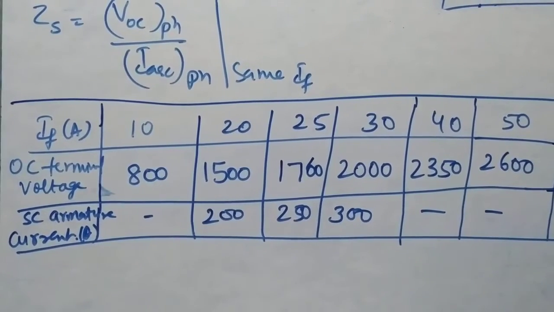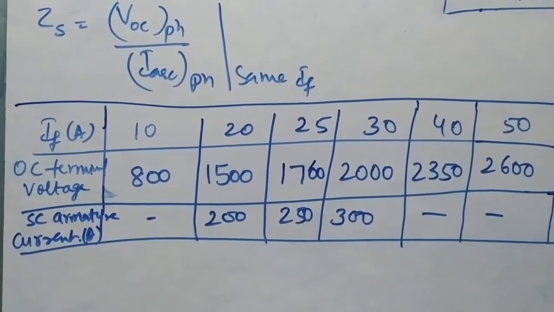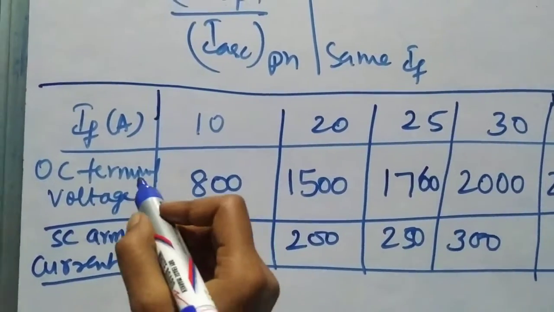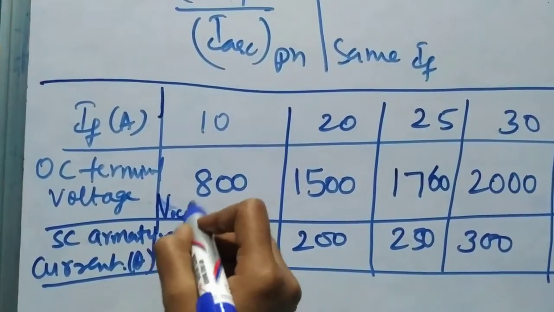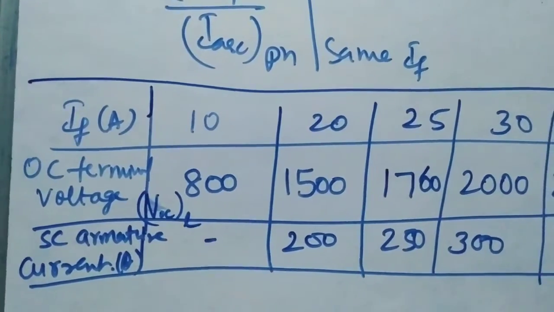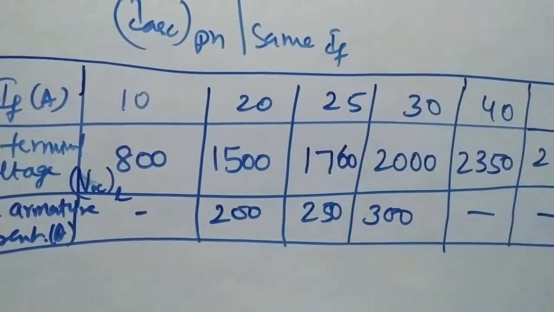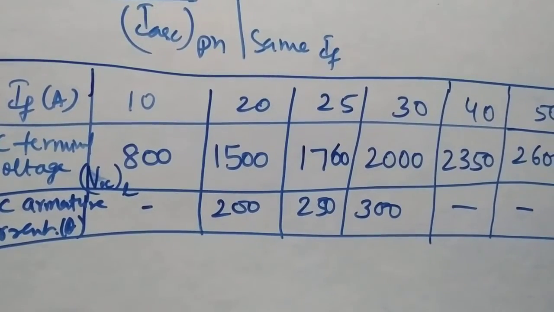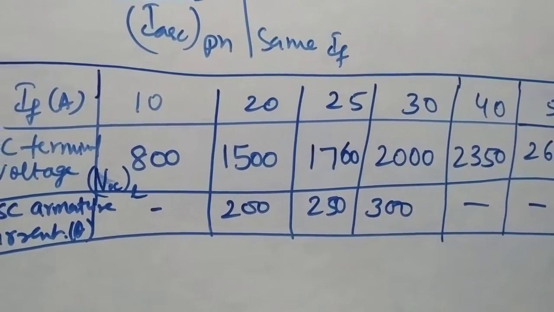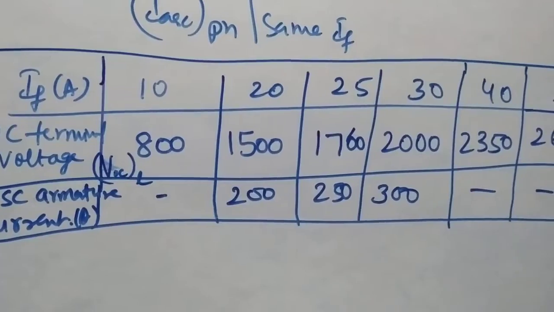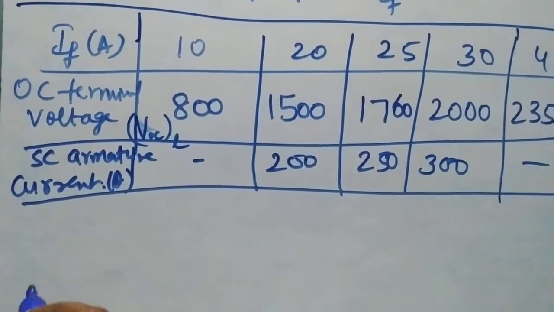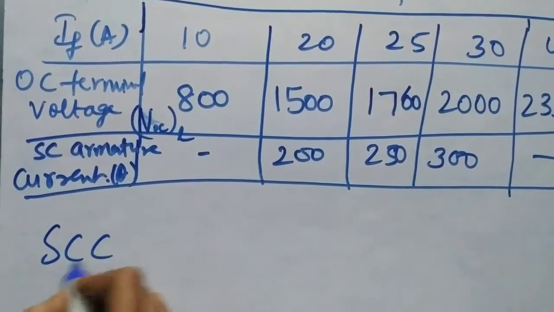We have to convert this line voltage to the phase voltage, because we have to draw the characteristics. Okay, so we will plot the characteristics. First we can start to plot the short circuit characteristics.